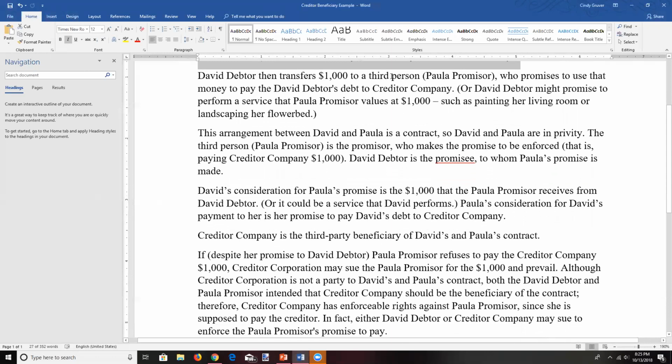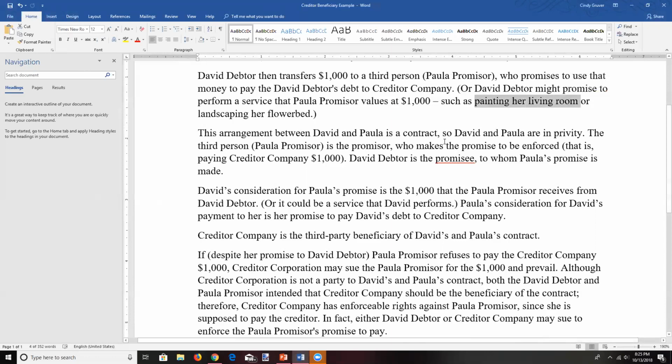So now David Debtor somehow or another gives Paula Promiser $1,000. Now it could be good old-fashioned money, or it could be something of value that's $1,000 worth of value. It could be a service or it could be an item. For example, maybe he paints Paula's living room, and Paula says, yeah, that's worth $1,000 to me.